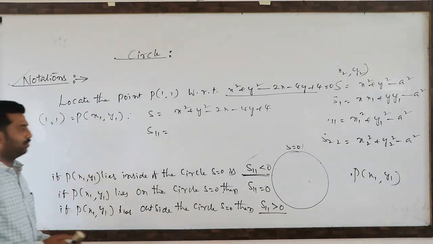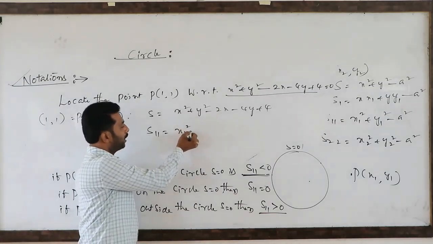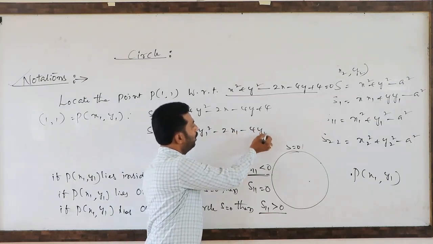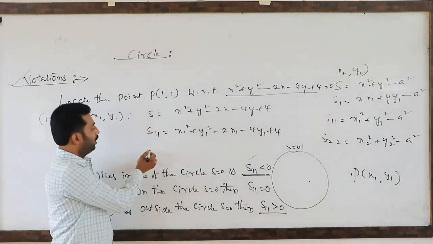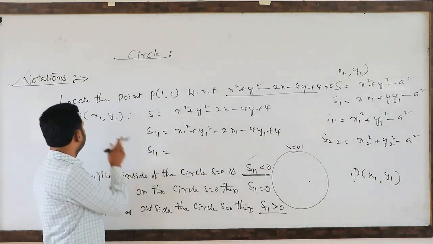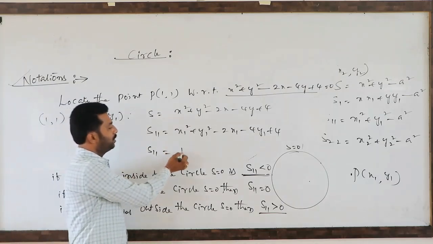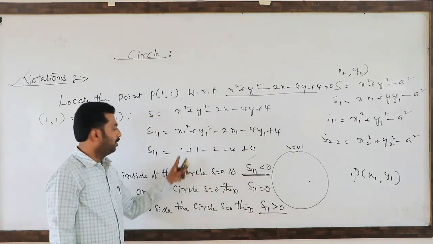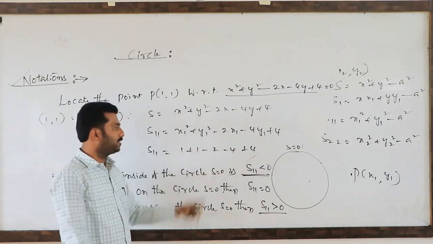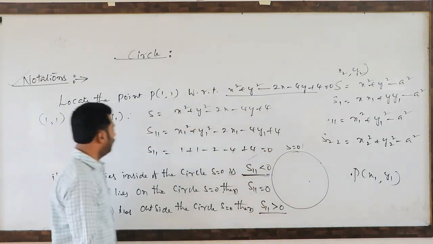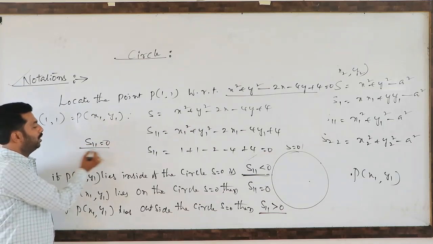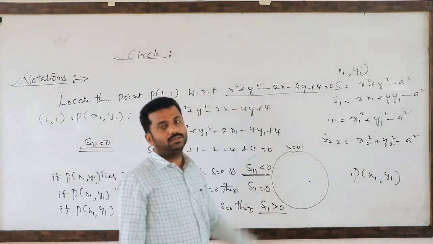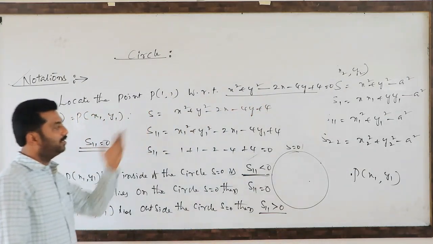What is the S11 formula? x1 square plus y1 square minus 2x1 minus 4y1 plus 4. That is S11 equal to 1 plus 1 minus 2 minus 4 plus 4. 2 plus 4, 6, minus 6, it will be 0. So S11 equal to 0 means P lies on the circle. So the location of that point is on the circle.